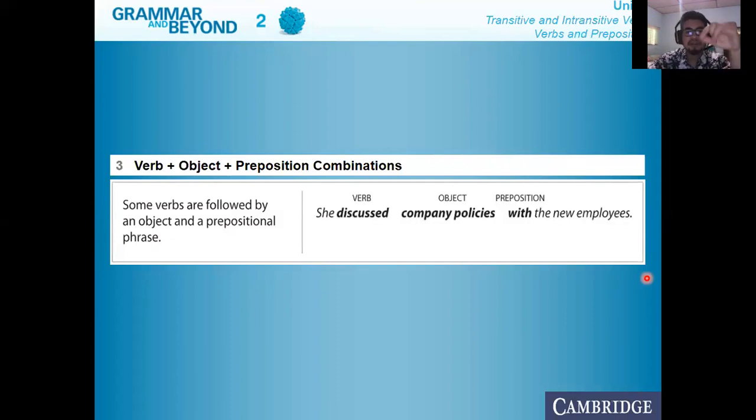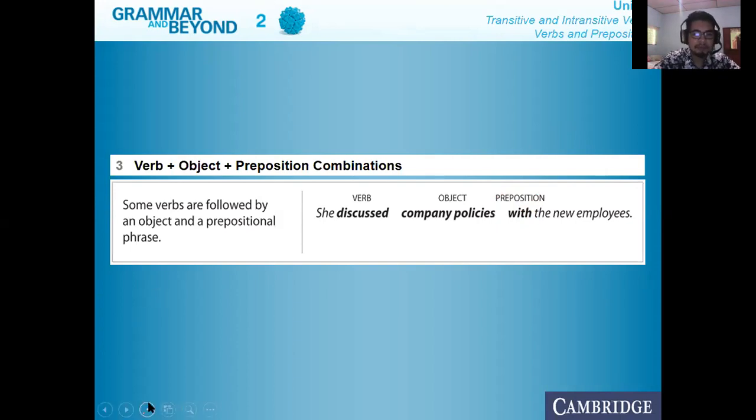She discussed what? That is the first thing that we identify, the transitive verb. She discussed what? Company policies with the new employees. She discussed what thing? Company policies. With which people? With the new employees, because they didn't know about it. But notice over here, we have with. With is a preposition, and after with, you have a noun.